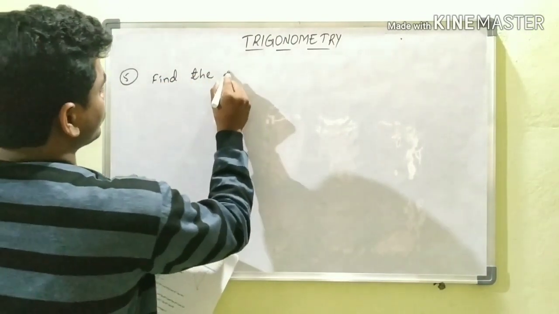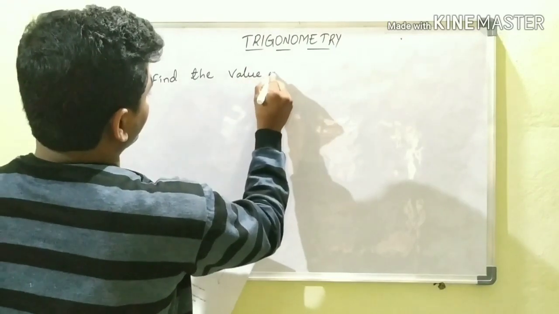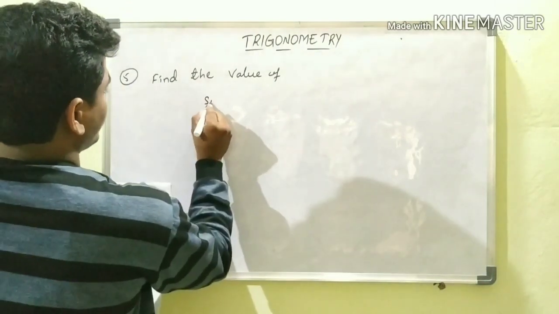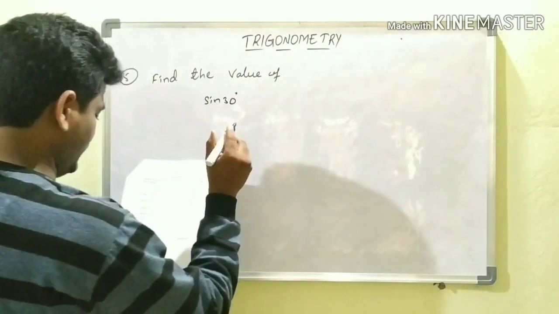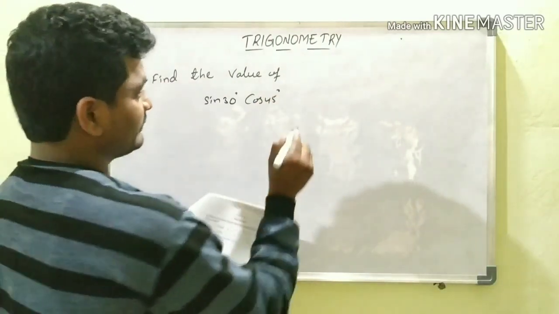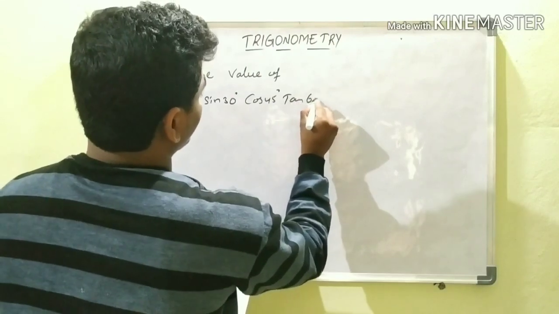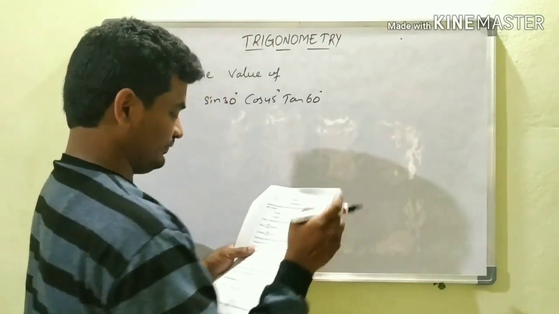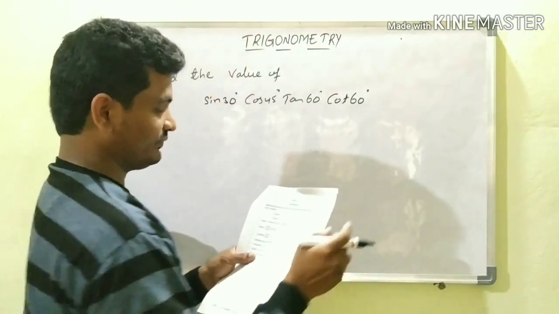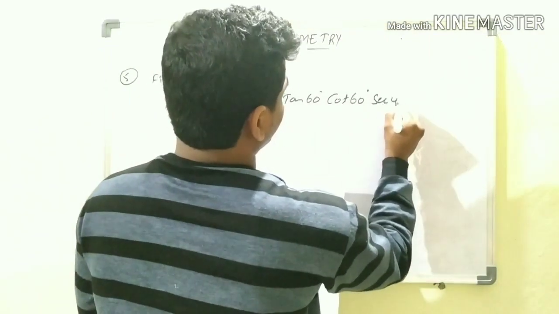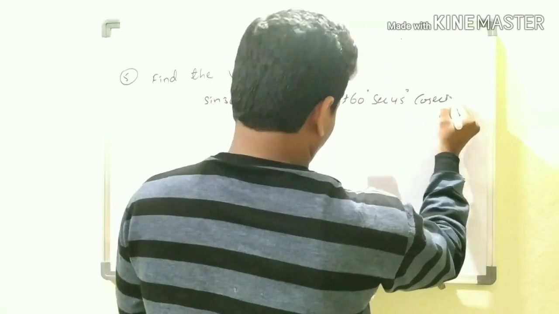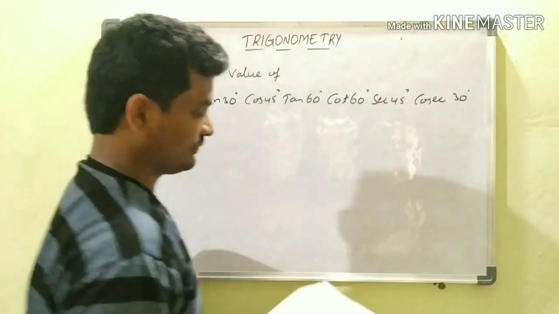Find the value of sin 30, cos 45, tan 60, cot 60, sec 45, cosec 30 degrees, all multiplied.